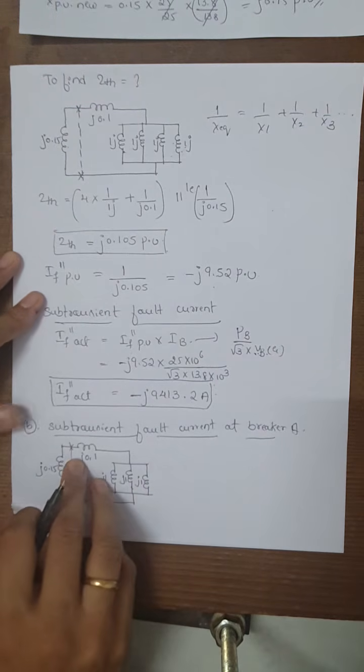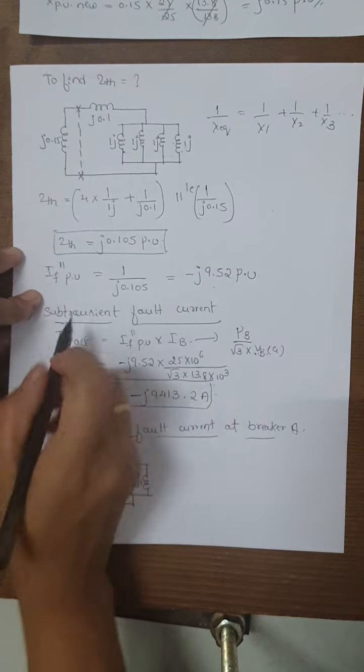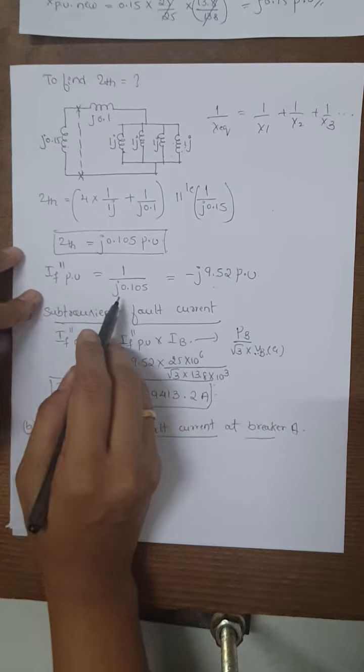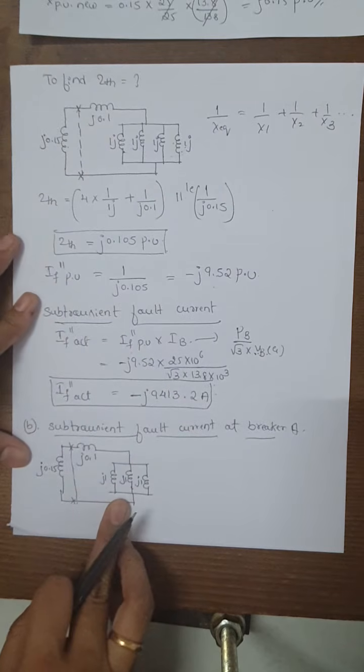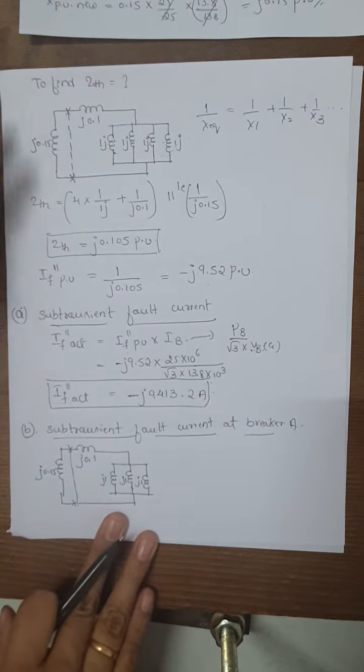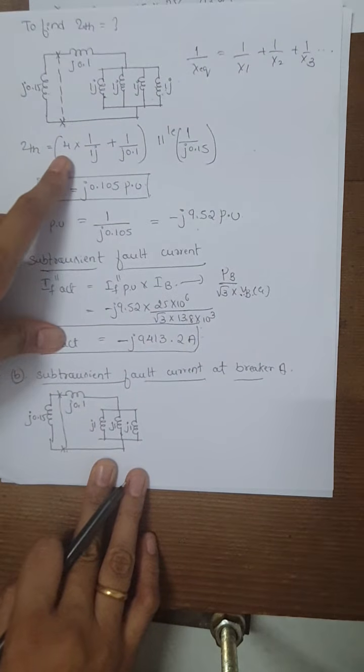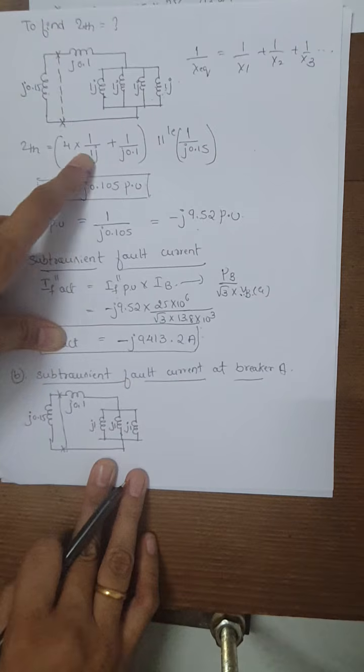Even here we need to use the Thevenin formula, VTH divided by ZTH. VTH is always equal to 1. Now we have to find ZTH. How do we find ZTH? Again by using the previous calculation, but here only 3 motor reactances will be there.